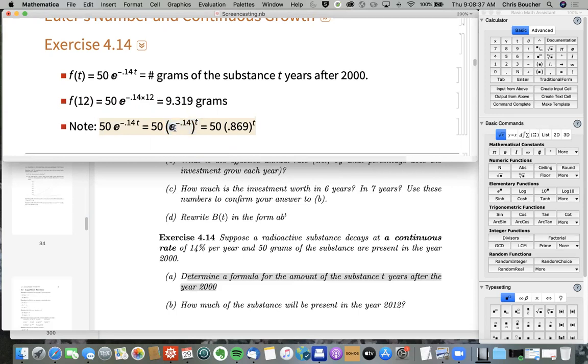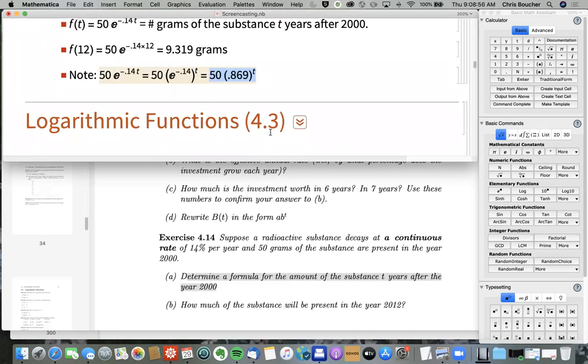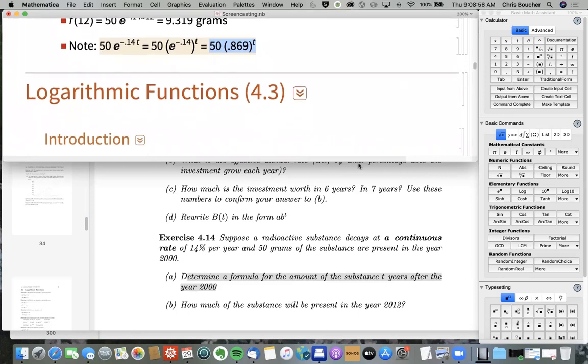And now I can just do this on my calculator. I type in e to the minus 0.14. My calculator says that's 0.869. And here I have per time unit growth, right? So I can see that per time unit, it's decaying by about 13%. All right, so that's all review.